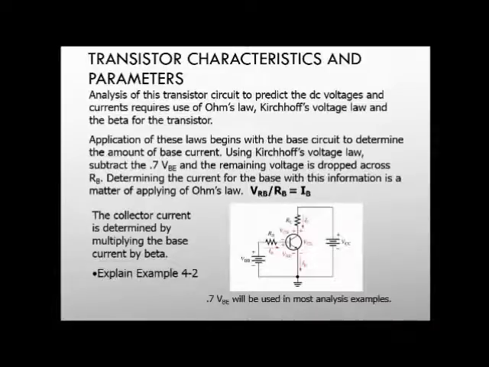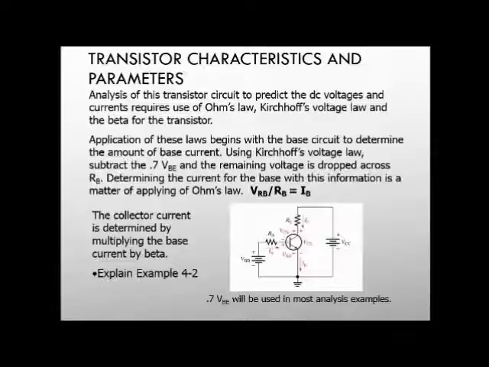Now analysis of this transistor circuit to predict the DC voltages and currents requires Ohm's law, Kirchhoff's voltage law, Kirchhoff's current law, and the beta for the transistor. The beta for the transistor is always the same for a given transistor. Now application of these laws begins with the base circuit to determine the amount of base current.